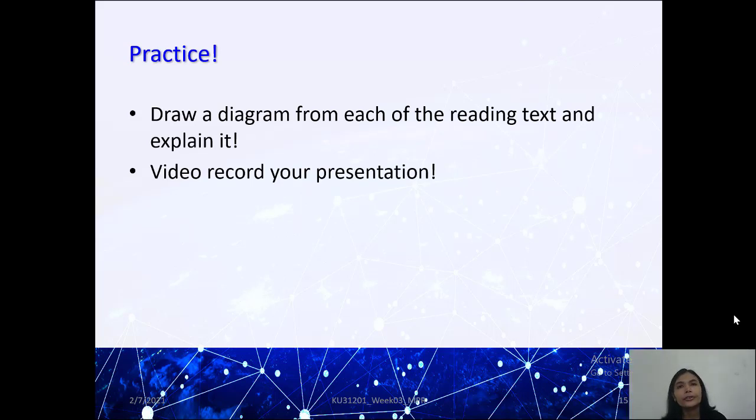And then after you read the text, what I want you to do is to extract all the important information, and then after that put it into keywords, and then start drawing a diagram from the reading text, and then after that explain it.